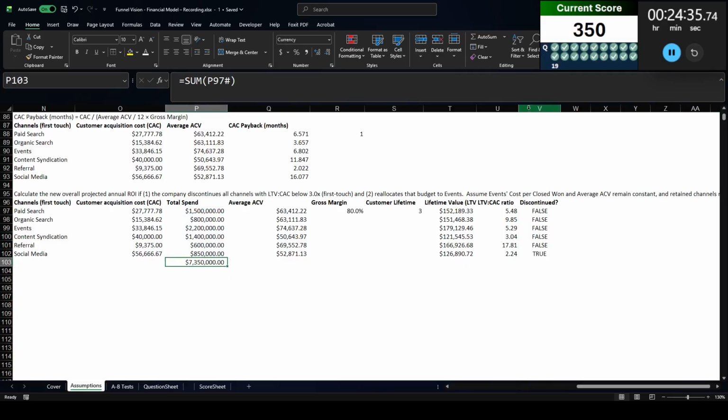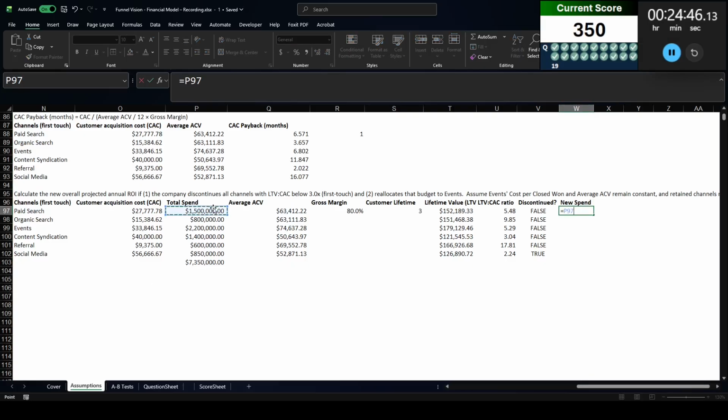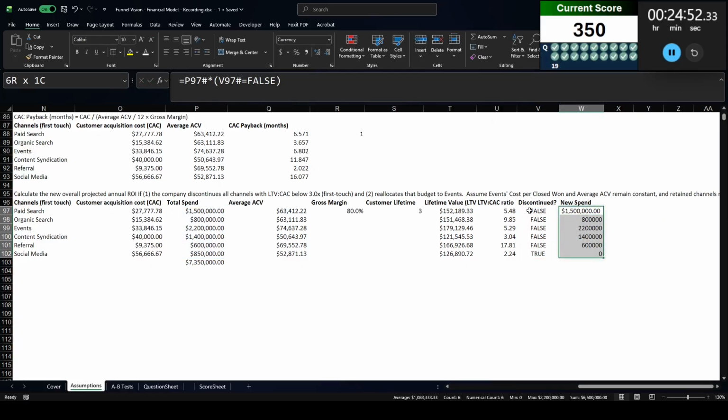So based on which ones are discontinued, okay, where do we need to go here? Reallocates the budget to events. Okay, so new spend is going to be this old spend here times where this is equal to false, so they're not discontinued. So that is the old spend, but we need to add this amount to the events, right?